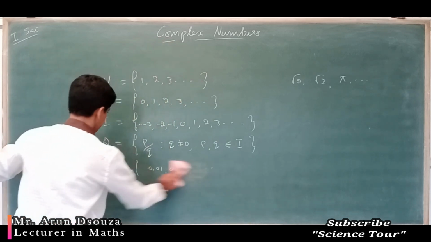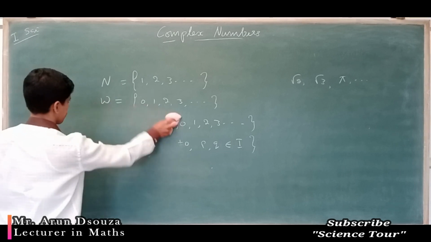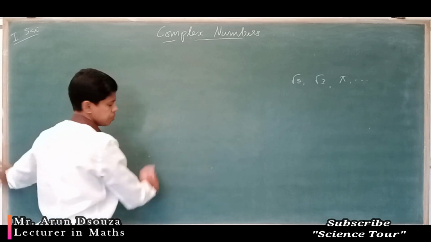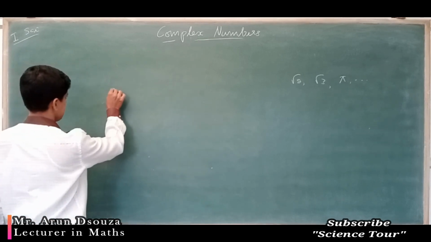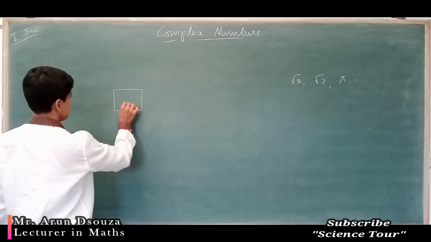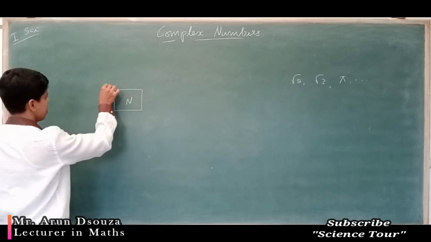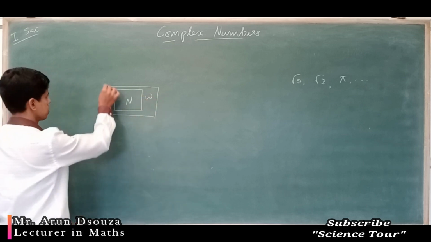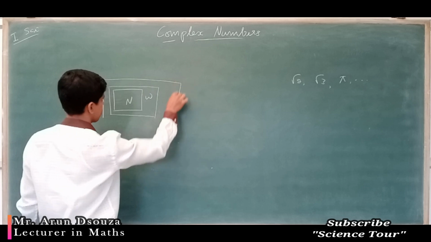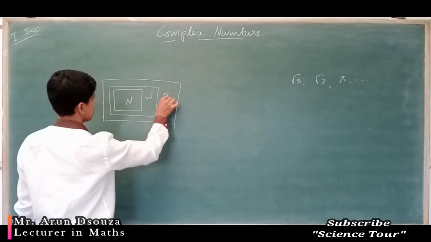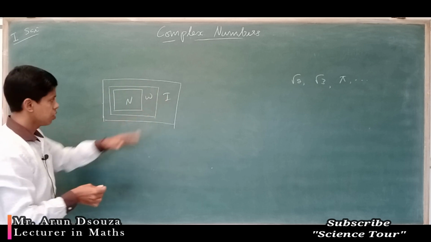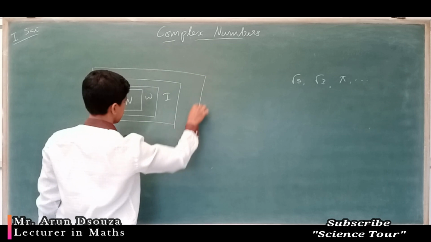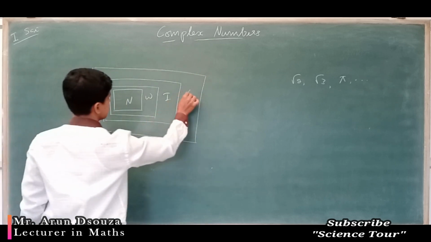Now if I explain this in the form of a geometric representation, this is the set of natural numbers, a small set. Then you have a little bigger set, and you can name it whole numbers. Then you have the set of integers, which is a little bigger, and then you have the set of rational numbers.